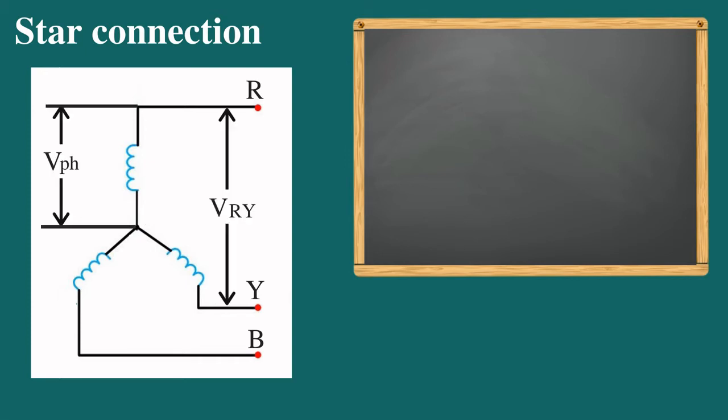Now about its voltages, you can see phase voltage VPH, because it is across one phase, and VRY is line voltage, because it is the waveform between two lines R and Y, and we know that VRY is equal to √3 times VPH.